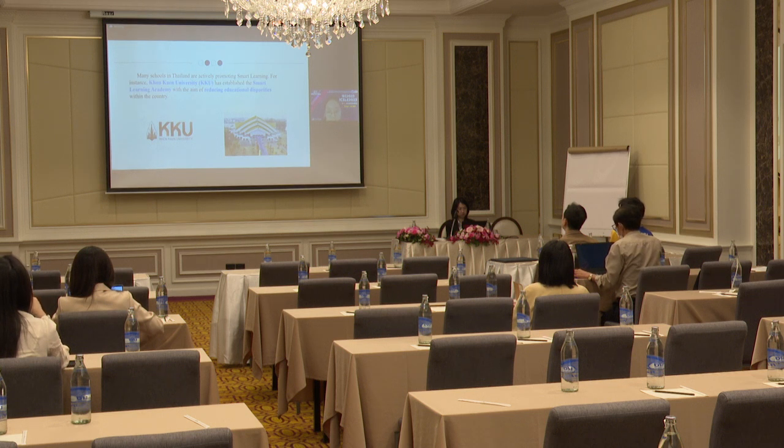Many schools in Thailand are actively promoting smart learning. For instance, Khon Kaen University, KKU, has established the Smart Learning Academy with the aim of reducing educational disparities within the country.